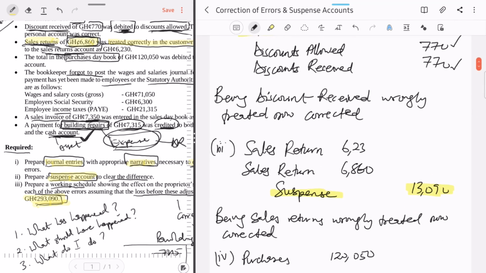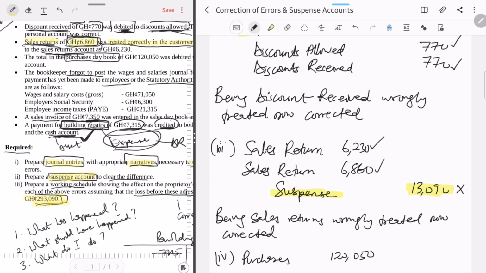All right, the next error. So here, suspense, does it affect income statement? No. Sales return, does it affect income statement? Yes. So sales return will affect my income statement, obviously. Do you agree? So yeah, there should be a 0 here, obviously. What were they? Debited or credit?